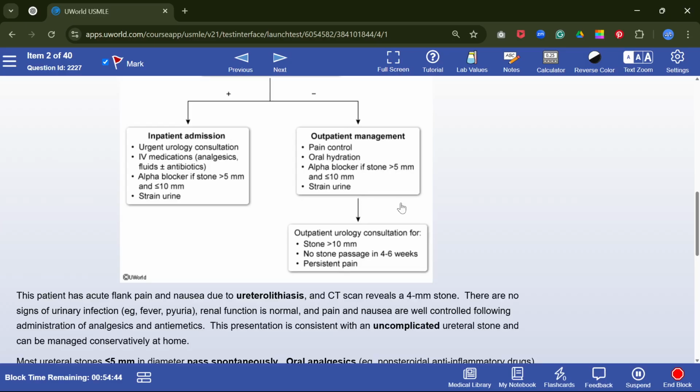Outpatient urology consultation if stone is more than 10 millimeter, no stone passage in 4 to 6 weeks, and persistent pain. Inpatient management: urgent urology consultation, IV medication, analgesic, IV fluid, antibiotic, alpha blocker.